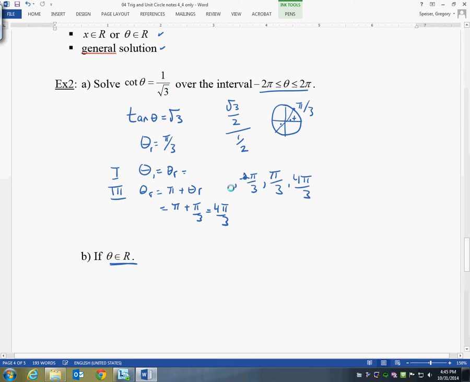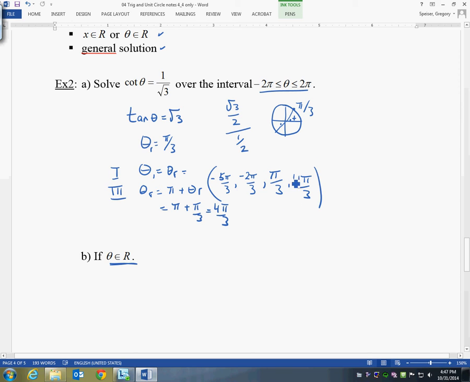And then also minus 4 pi over 3. There, I took a moment to make that a little bit neater, and now it's minus 5 pi over 3. So here is my answer.